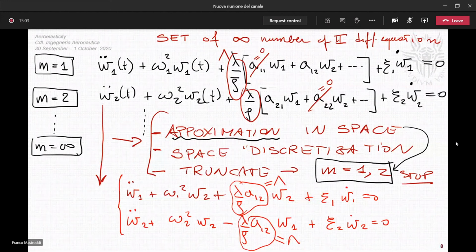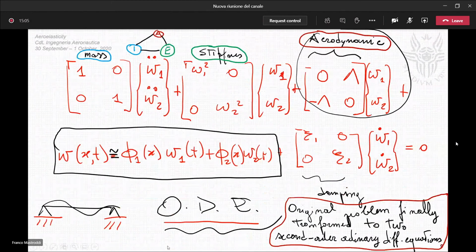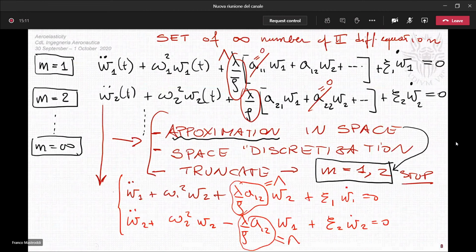Okay, after this preliminary, now we can start by this equation here, after selecting only the first two modes. What does first two modes mean?